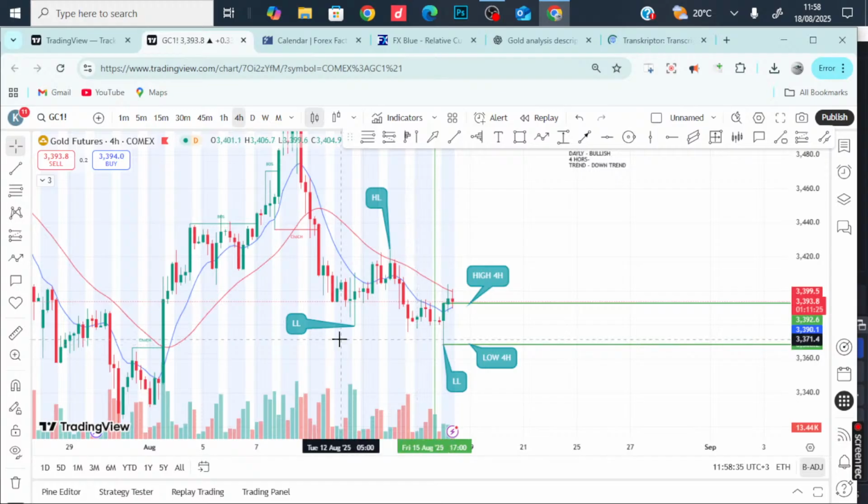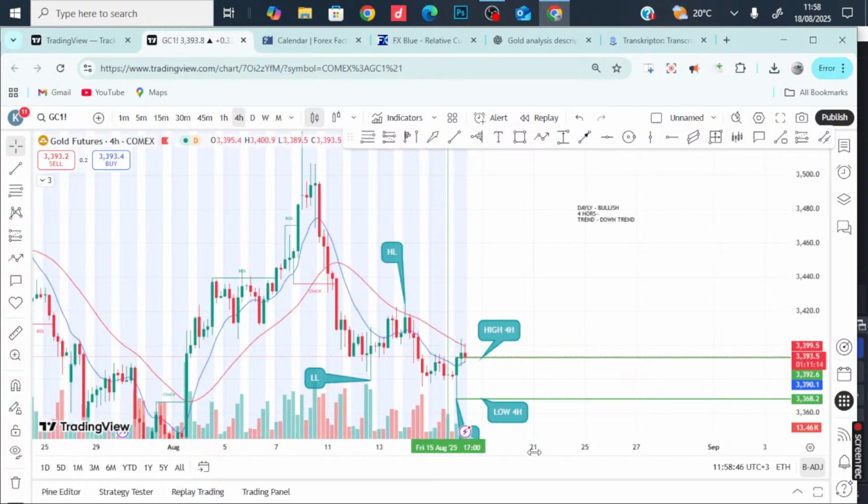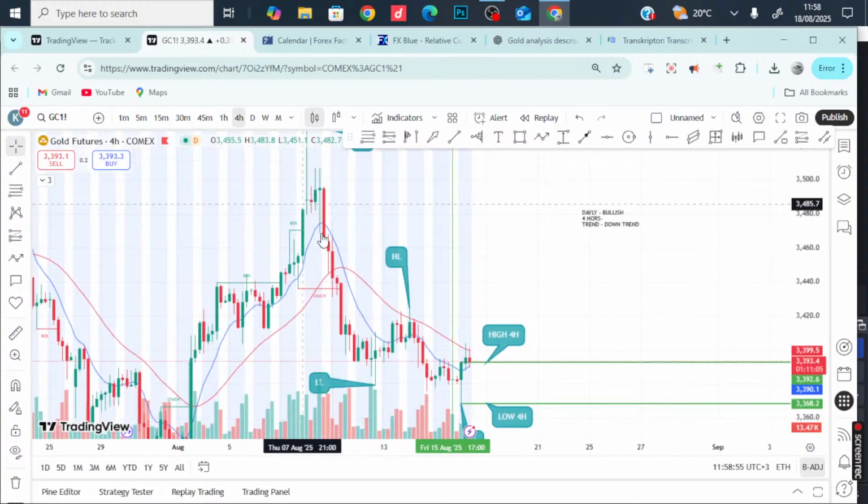So we shall be looking at where the supply zone and the demand zone are now. For here, there were two changes of states. From the supply zone, there was a supply zone from this point. As you can see, there was this supply zone from here.